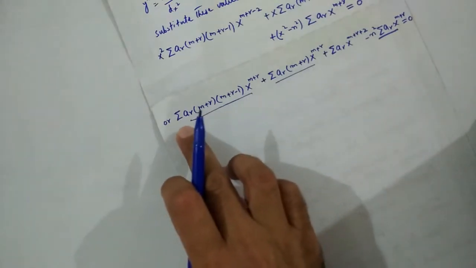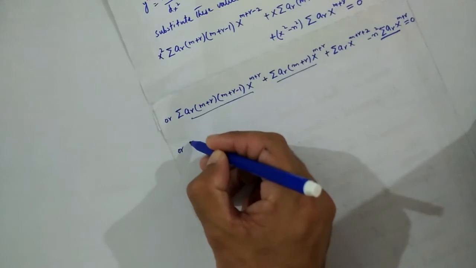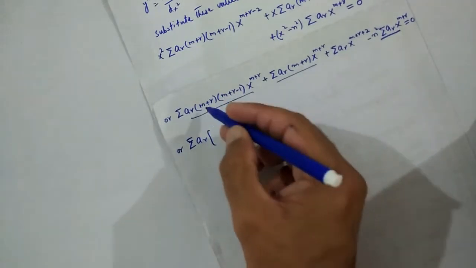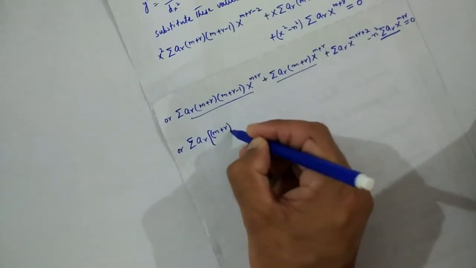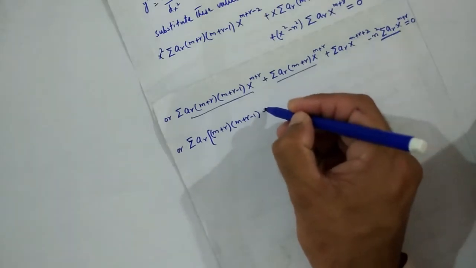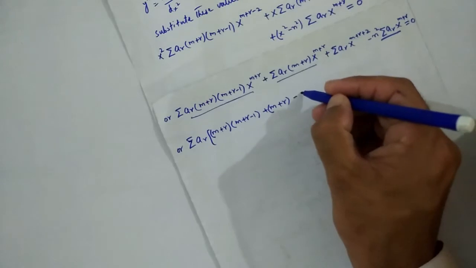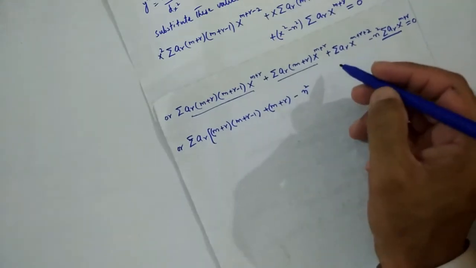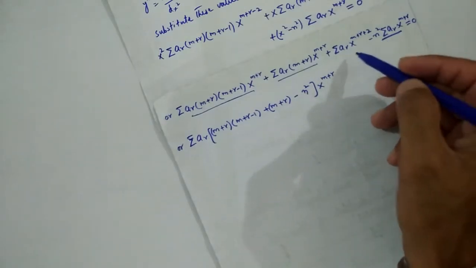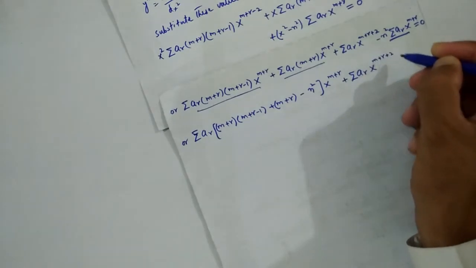So taking common summation AR and x to the power m plus r from these three terms, we will get summation AR into, here we will be left with m plus r into m plus r minus 1, in this term plus m plus r, and in this term minus n square, times x to the power m plus r, and the last term plus summation AR x to the power m plus r plus 2. This is equal to 0.